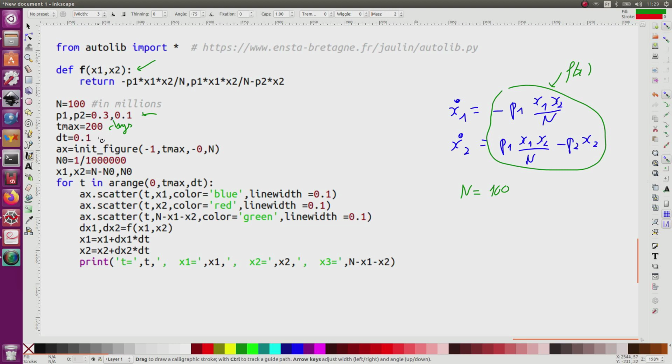I needed the Euler formula to integrate this equation.